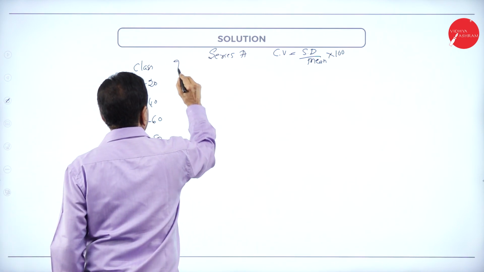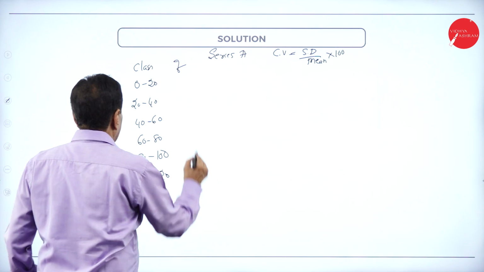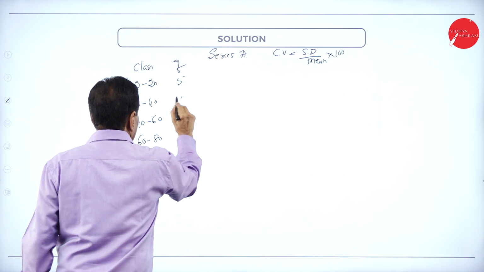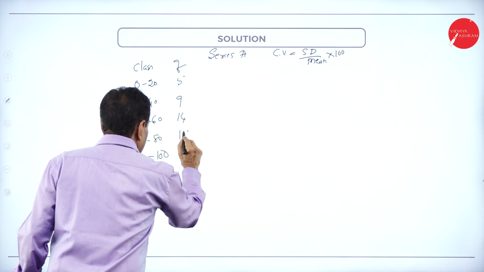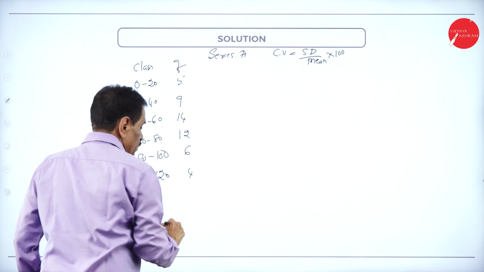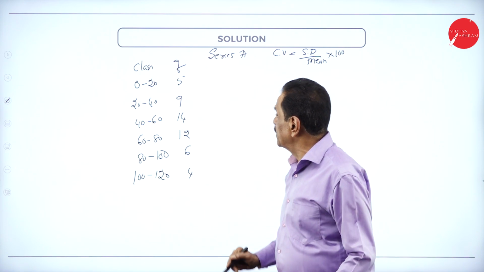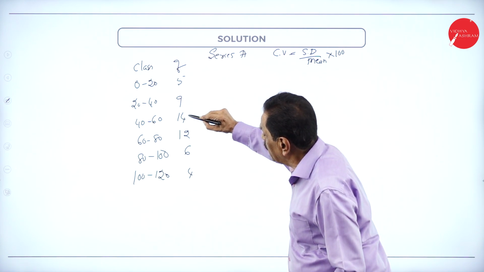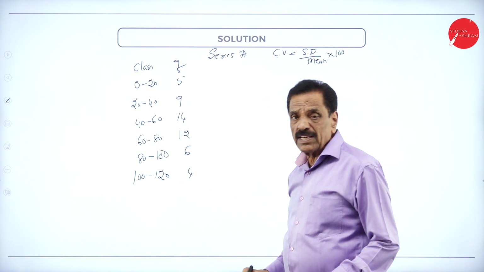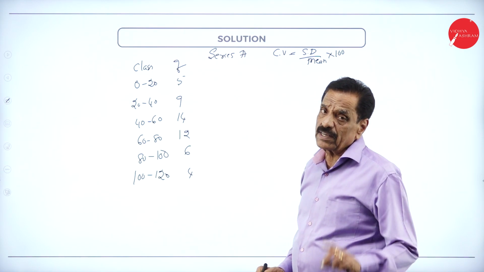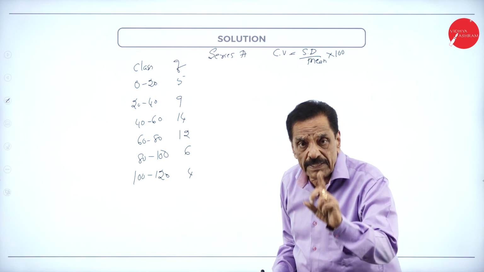Your frequency: 5, 9, 14, 12, 6, 4. So there is a variation. See that 5, 9, 14 increase, then suddenly fall down. It is called variation. If there is an increase, it is called ascending order. It is called cumulative frequency.